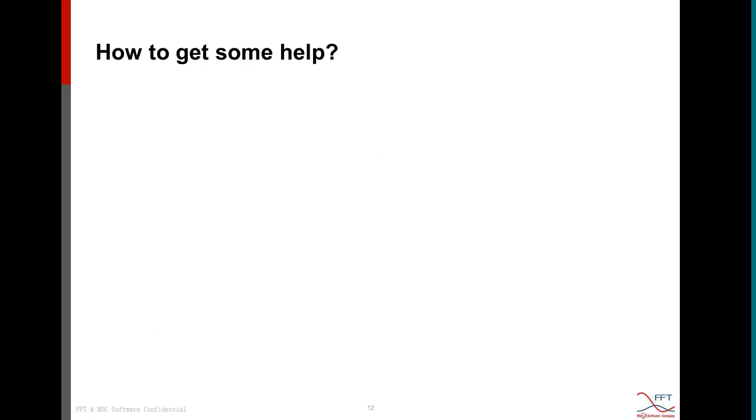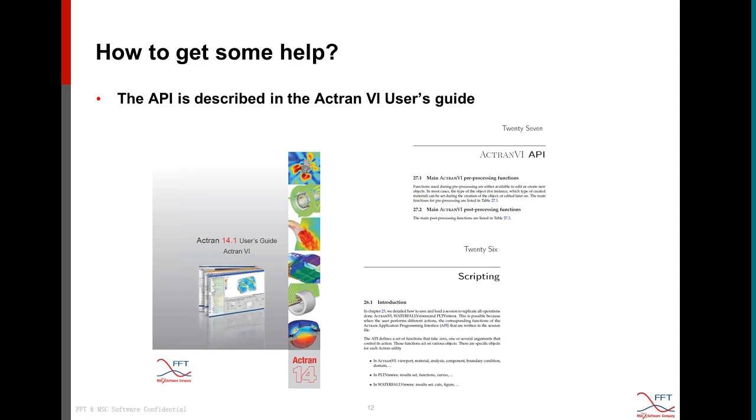Now this page shows where we can get help if we are an Actran user and we want to use this API and session functions. Due to the extensive amount of functions, object types, and properties, it is important to get access to a complete help.